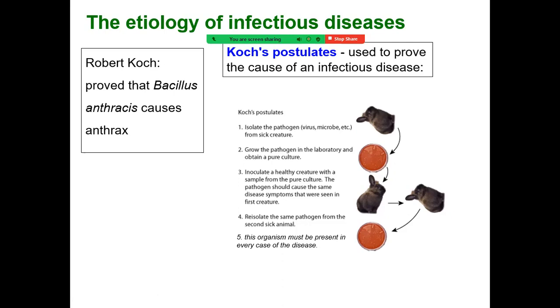And so we've never been able to get syphilis or Bartonella henselae, which causes cat scratch fever, to grow in tissue culture. And if you can't get it to grow in tissue culture, you can't do Koch's postulates to prove that this organism is causing the disease.